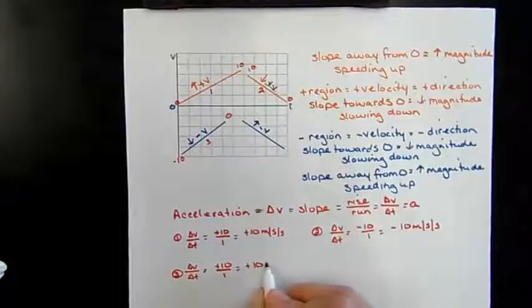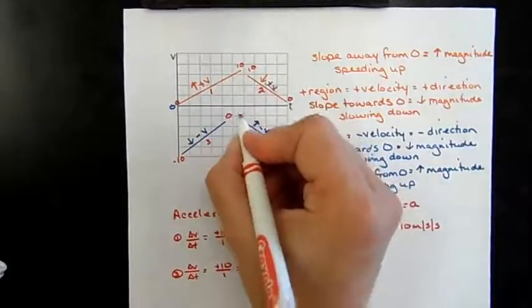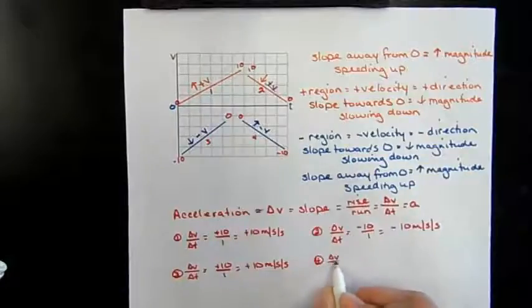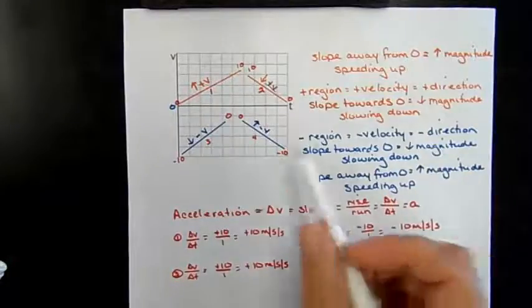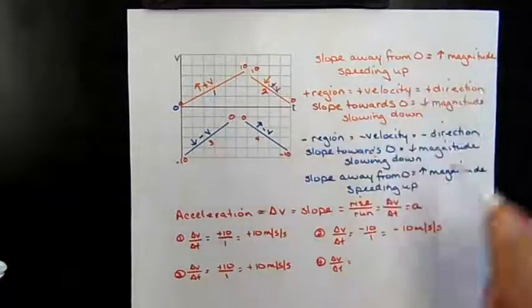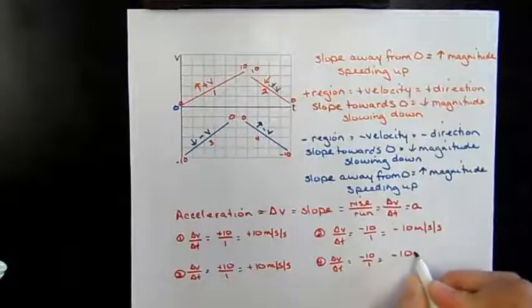So we have a positive meters per second. And then line 4, let's go 0, negative 10, delta V over delta T. Final minus initial, we have negative 10 minus 0, so we have a negative 10 over 1. We have a negative 10 meters per second.